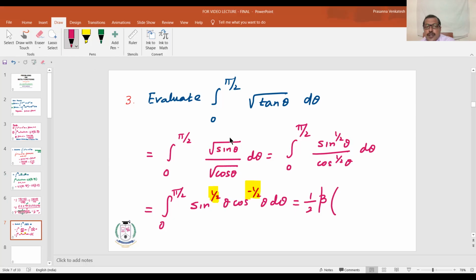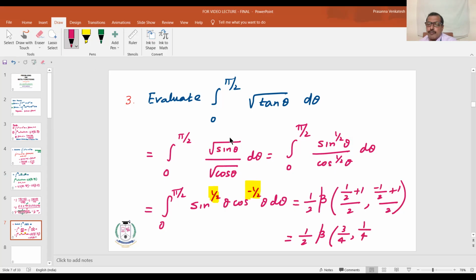So it is (1 by 2 plus 1) whole divided by 2, (minus 1 by 2 plus 1) whole divided by 2. 1 by 2 plus 1 is 3 by 2. 3 by 2 by 2 is 3 by 4. So this is equal to 1 by 2 beta of 3 by 4, comma, minus 1 by 2 plus 1 is 1 by 2. 1 by 2 by 2 is 1 by 4.